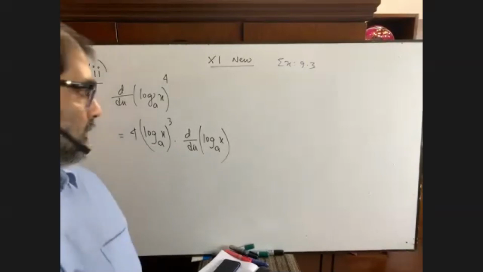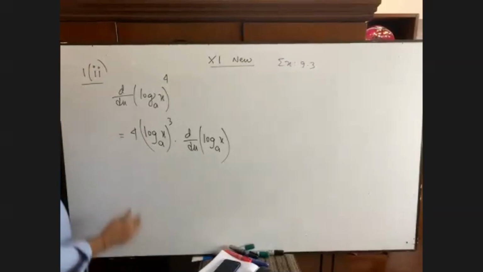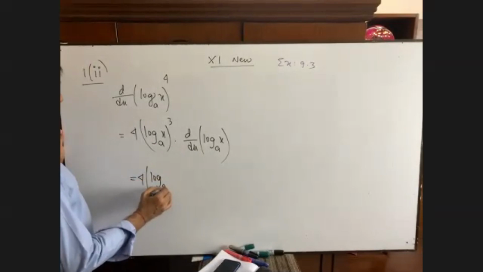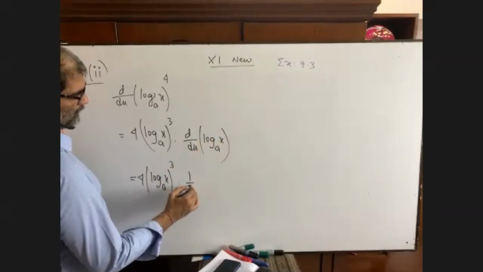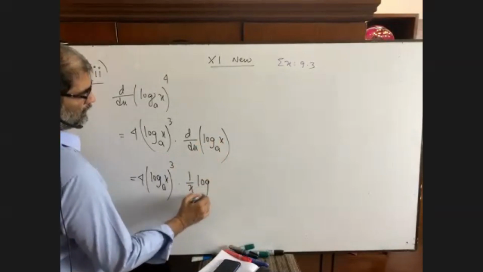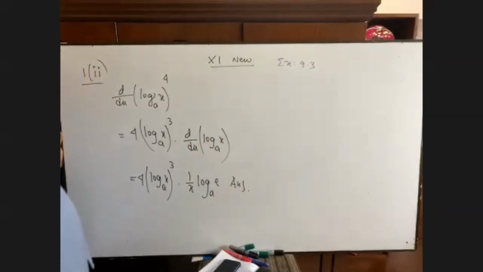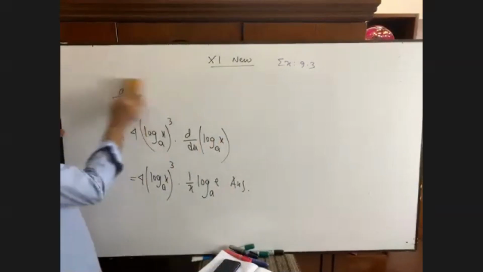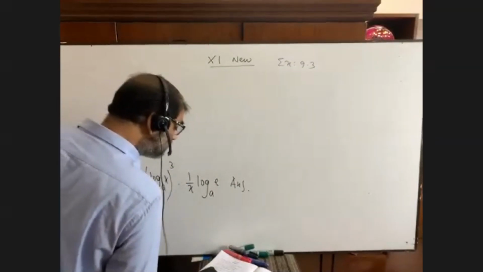Okay. Now it is 4 log a base x whole cube. Log x equals to what? 1 by x log a base. Is it okay? Yes, sir. If you know the formula, it is then only possible. Otherwise, it is impossible. Sir, don't erase the last line. That I know.